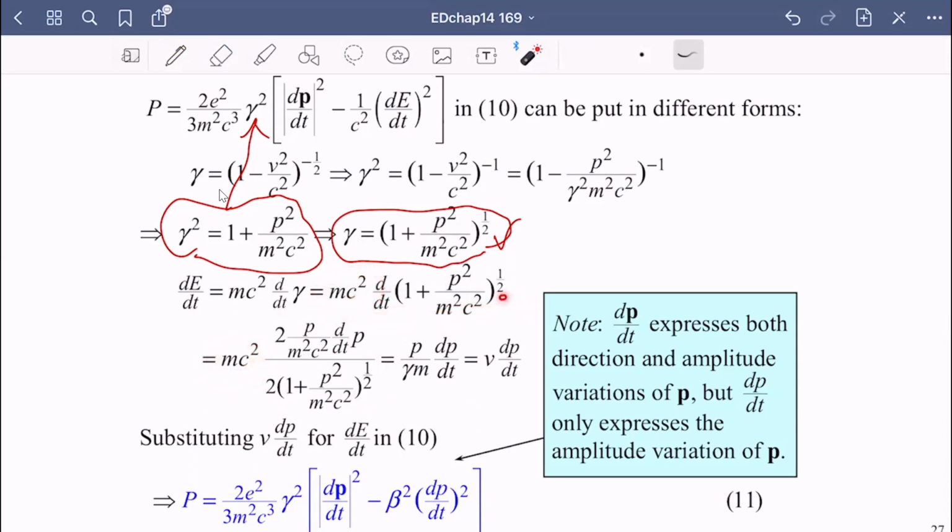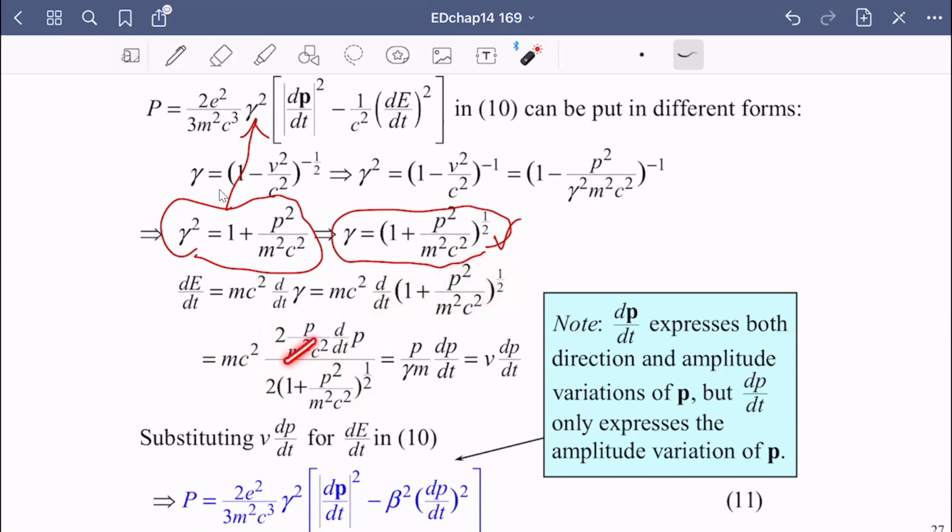Then 1 over 2 becomes 2 here. And this one becomes minus 1 over 2. So it becomes here. And p squared becomes 2 m squared c squared, dot dp dt. Okay, for the numerator here.